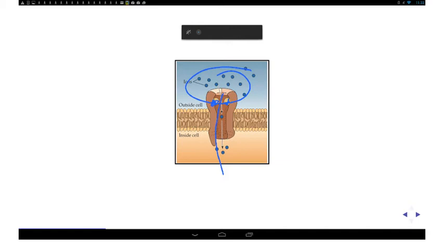And so this is what is considered an ionotropic receptor, and it's fast acting. So the neurotransmitter binds, immediately the channel opens, ions flow in. If the ions are positive, you get an EPSP, excitatory postsynaptic potential. If the ions are negative, it would cause the cell to hyperpolarize and cause the cell to have an IPSP.